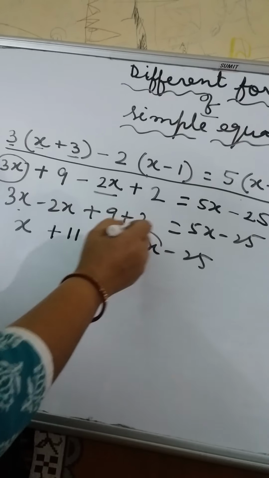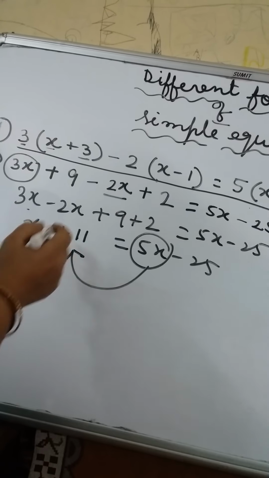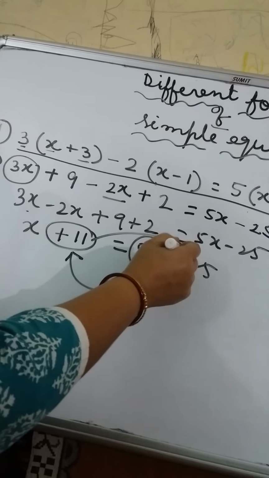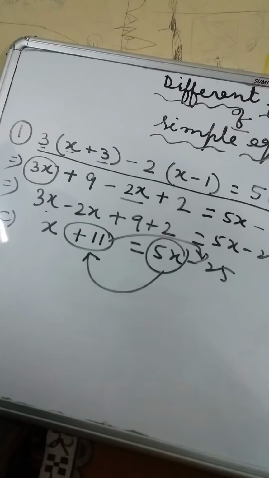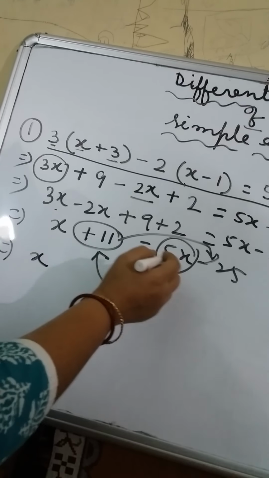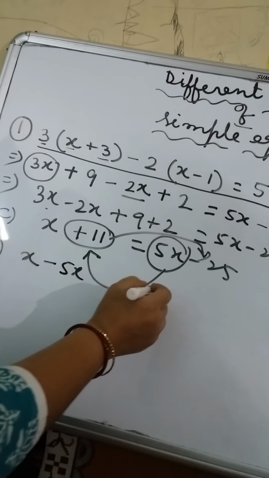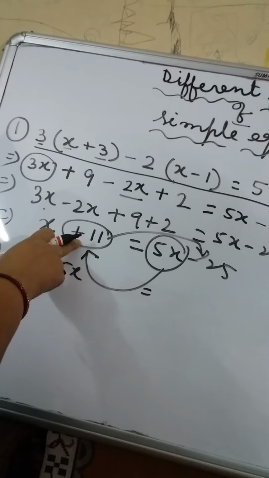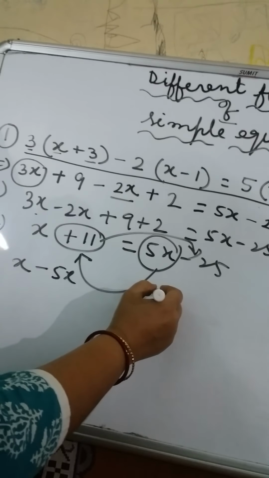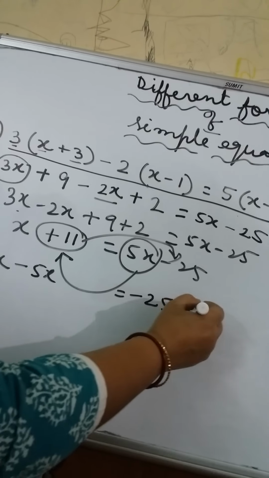Now you have to transpose this 5x to the left hand side and this 11 to the right hand side. If we transpose 5x to the left hand side, it is plus, so it will become minus, and here it is plus, so it will become minus when it goes to the right hand side.